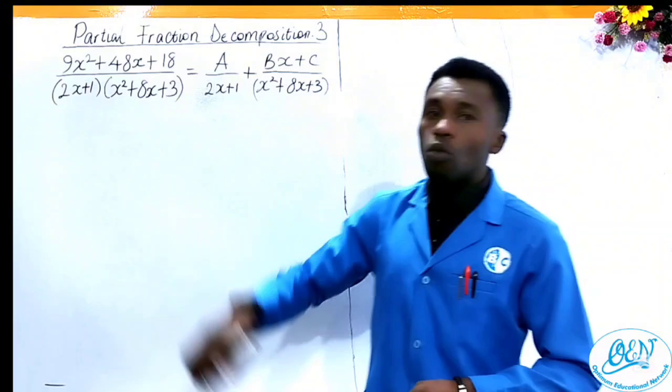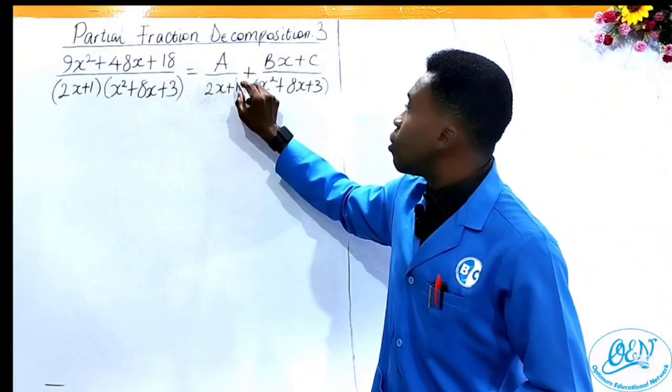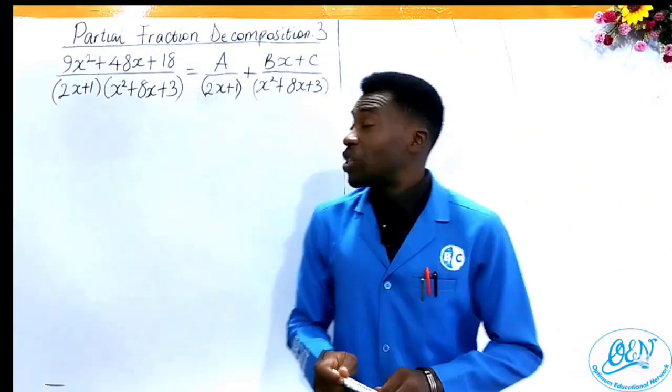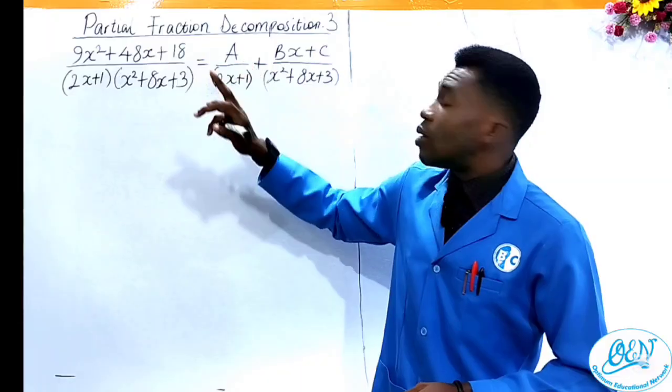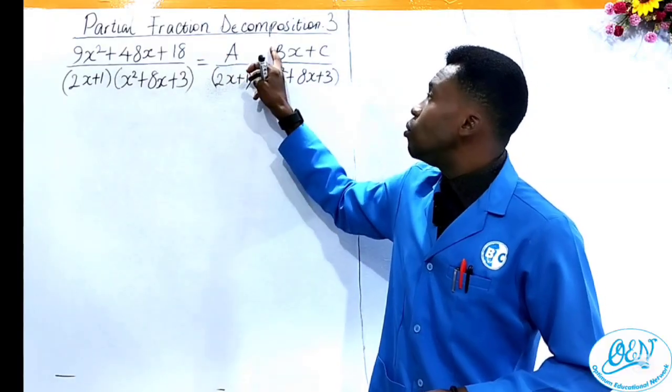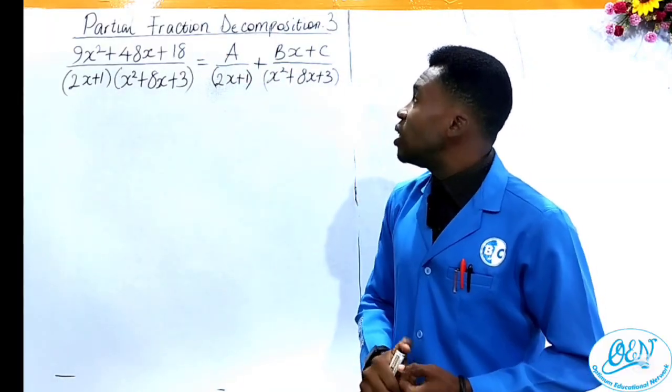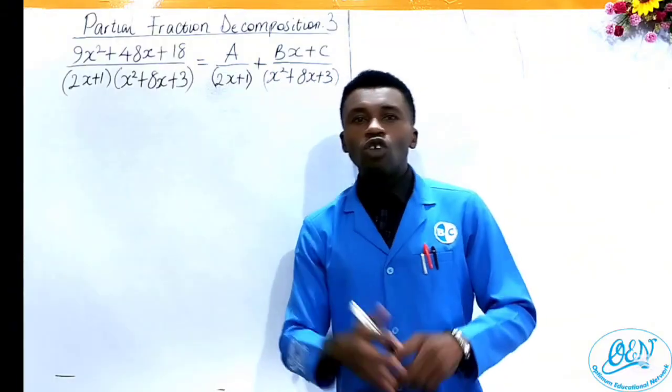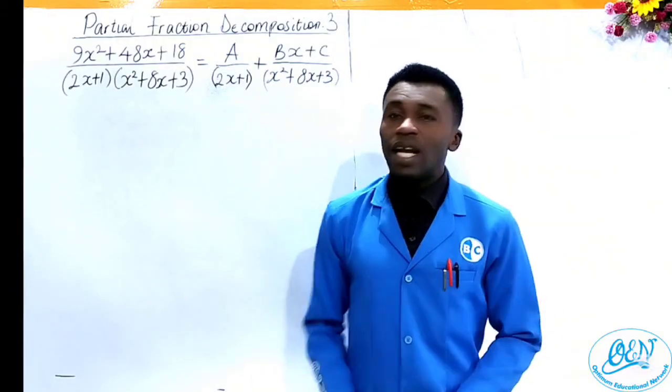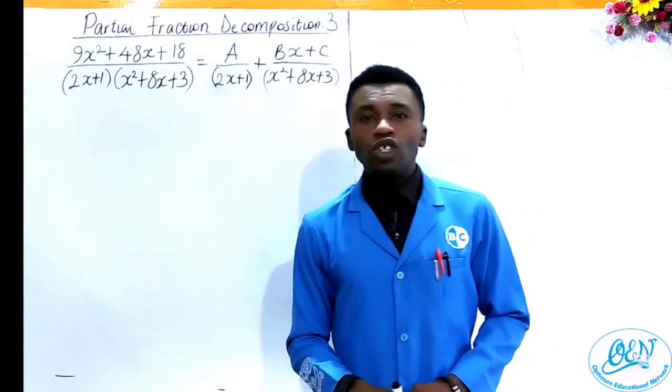So this is the standard form of solving partial fractions of this type. Our mission will be to find a, b, and c, and once we find a, b, and c, we have solved the partial fraction. So let us get into the class and solve this problem.